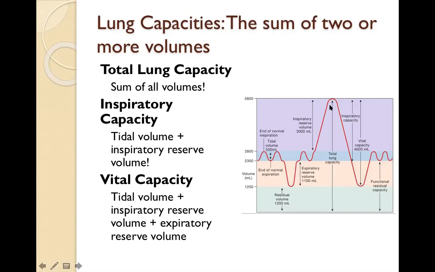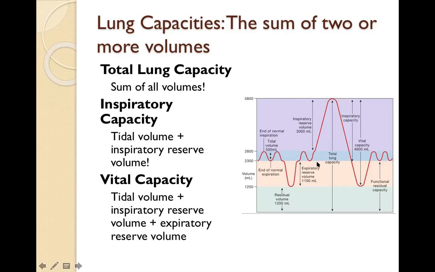If we just talk about what is the total volume of air that we can possibly inspire, this is referred to as the inspiratory capacity. And so because it's a capacity, it consists of two or more volumes. So we know that it consists of the tidal volume and the inspiratory reserve volume. That's the inspiratory capacity.